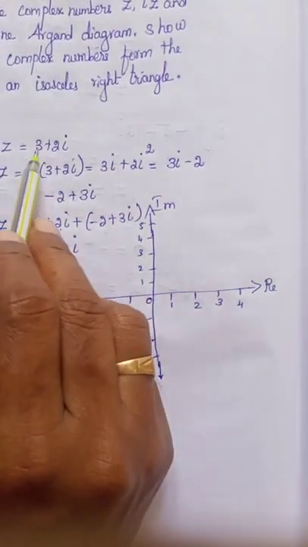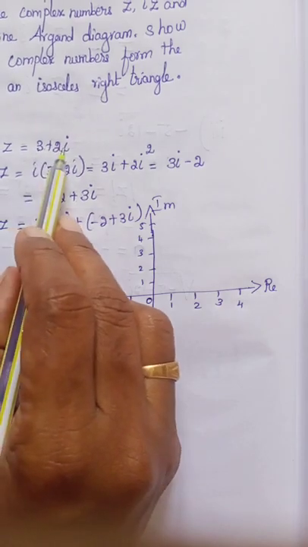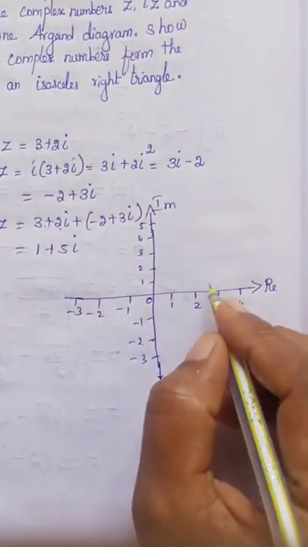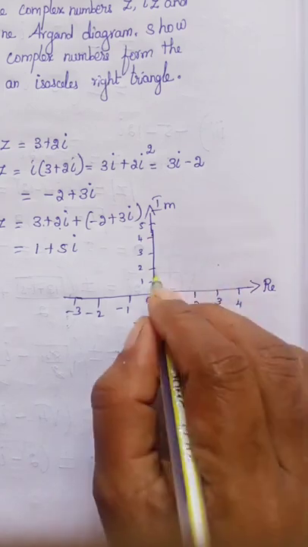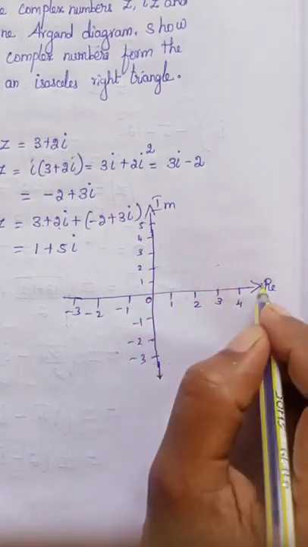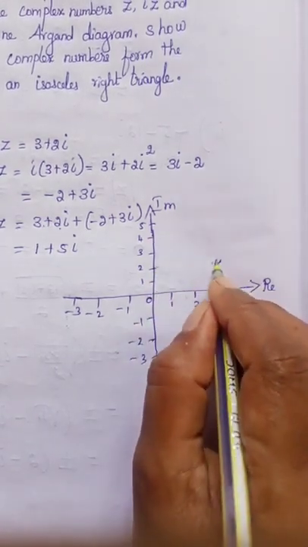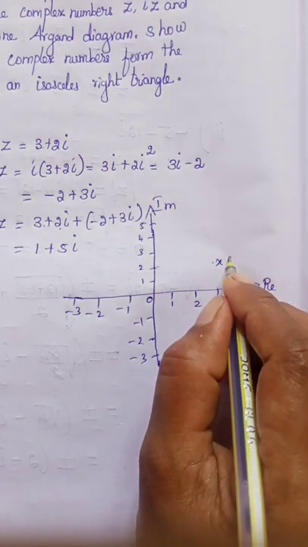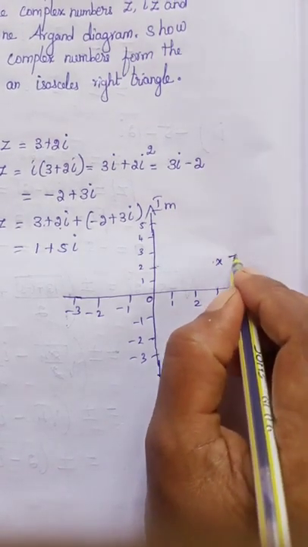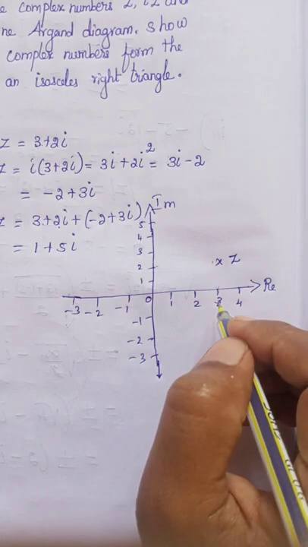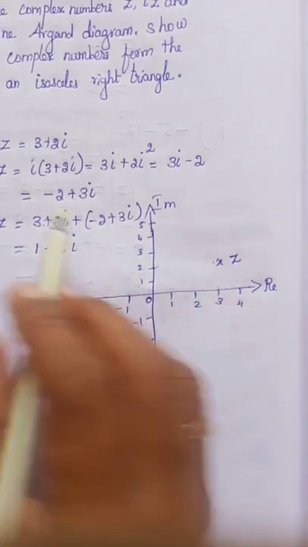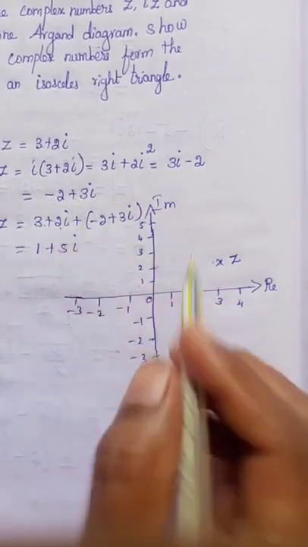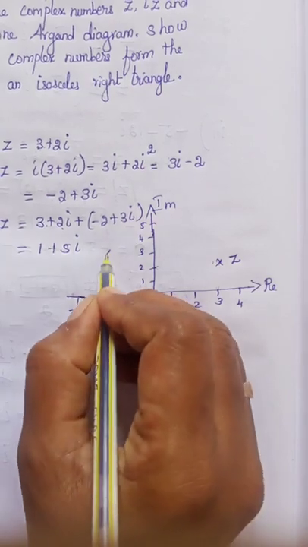Now shall we mark it? This is 3 plus 2i, meaning 3 comma 2. Isn't it? Already we have drawn. See, exactly this real part 3 and imaginary part 2. Actually this is Z. Then iZ is minus 2 and 3.